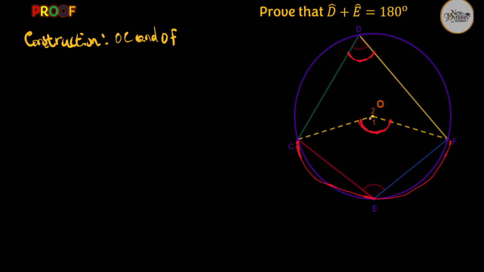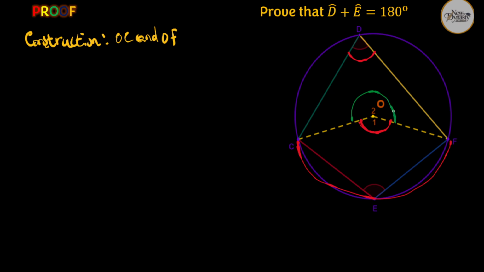So it means then that O1 is twice angle D. And the other thing that we see here is your O2, which is the reflex angle.